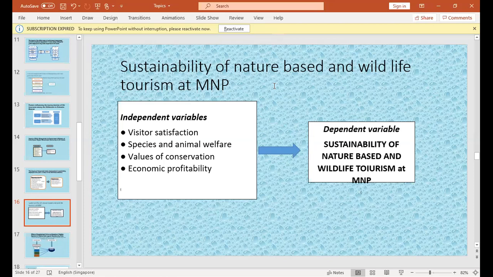I'm waiting for you. Visitors? Partly. Then you say you go to this national park. Are you in a position to comment about the sustainability? People working there? Very correct.